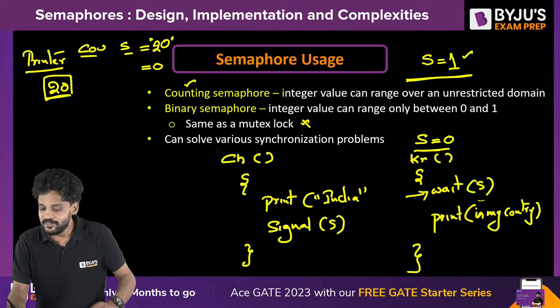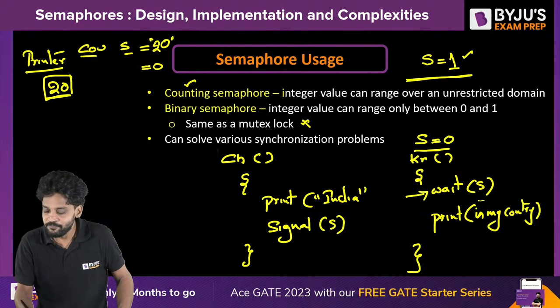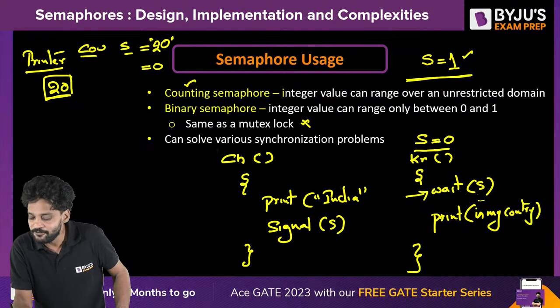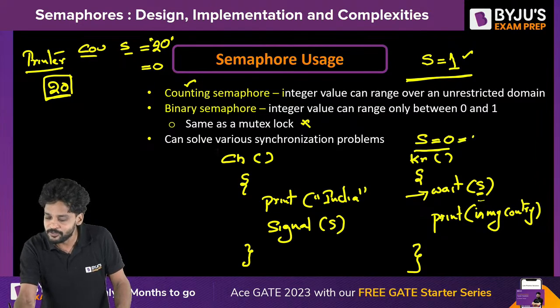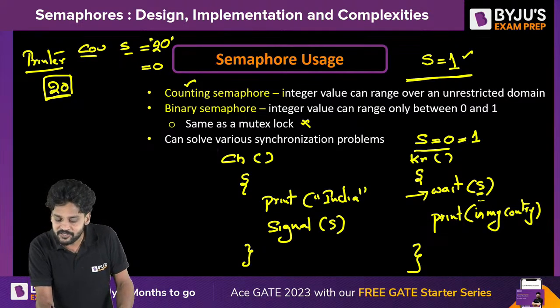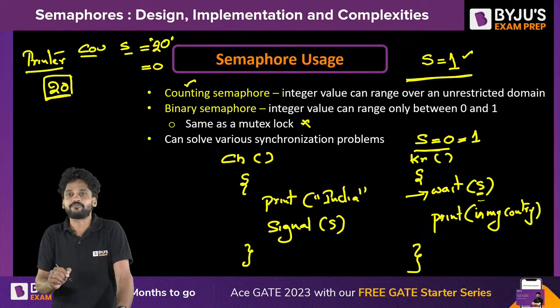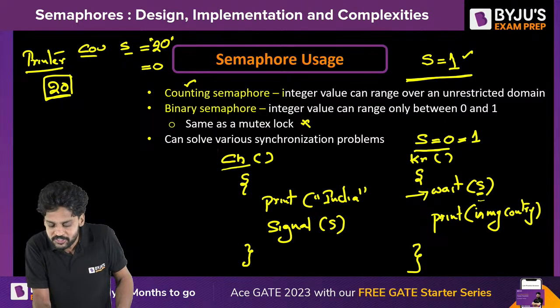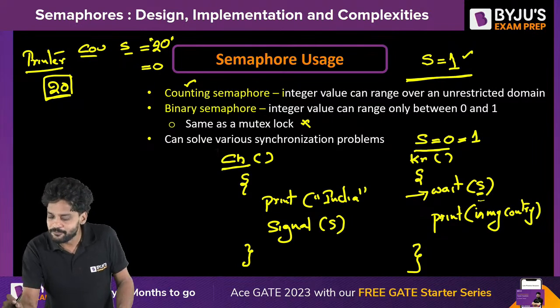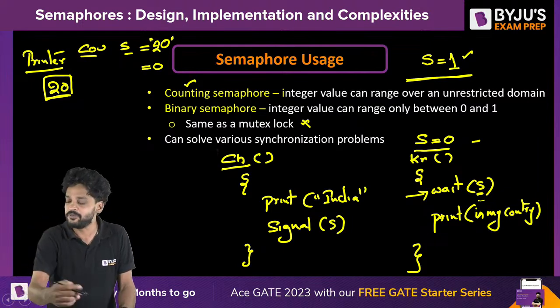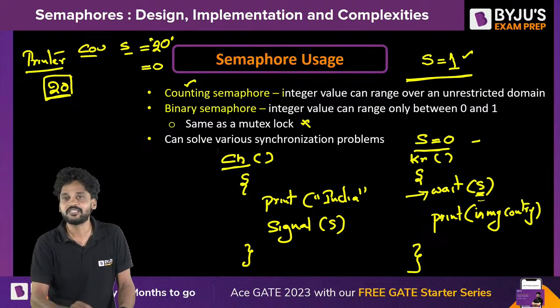In that light, if Krishna gets scheduled prior to Chitra, he will get blocked on the semaphore S. Since the semaphore value is not equal to 1, it will only be equal to 1 right after Chitra finishes her execution. Unless the CH process finishes its execution, this semaphore S value cannot be equal to 1. Even if the KR process enters into the CPU, it will get blocked on semaphore S.